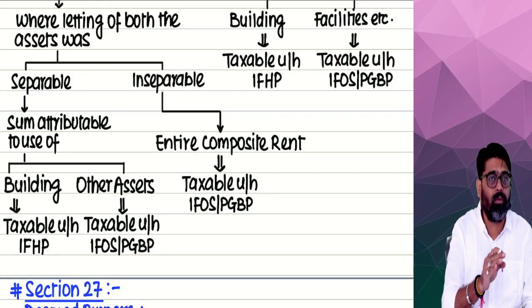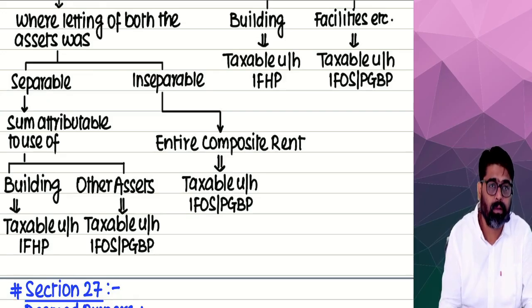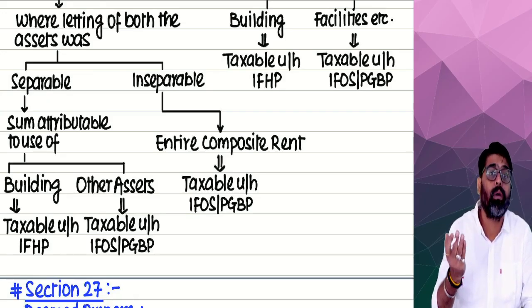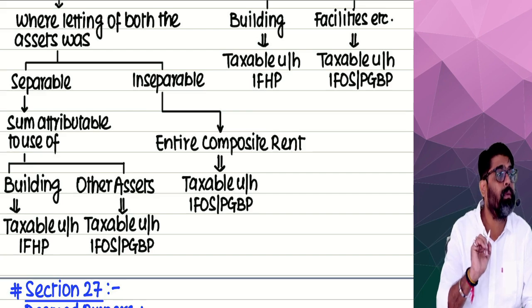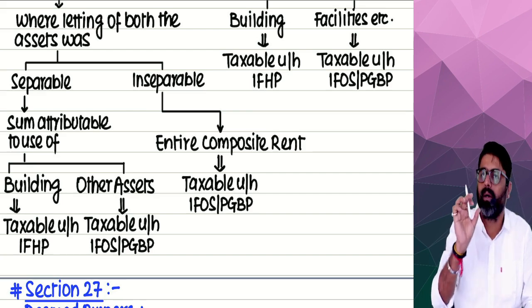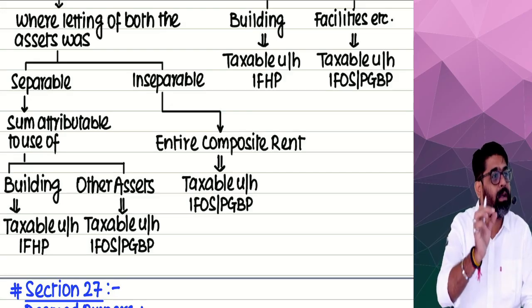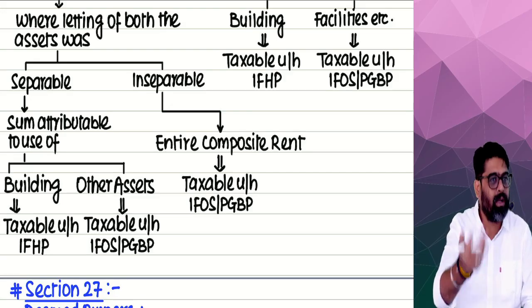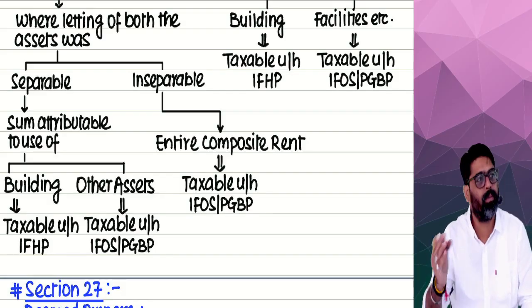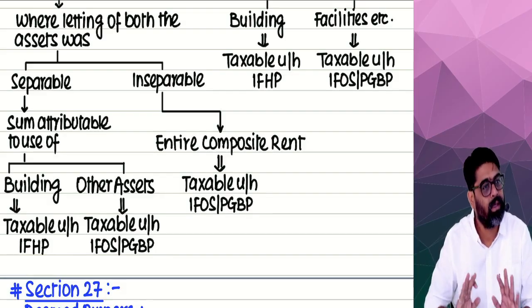Some part of your rent will relate to the building, and some part will relate to the other assets. So bring the rent of the building under the head house property, and bring the rent of the other assets under the head PGBP or IFOS, as the case may be.